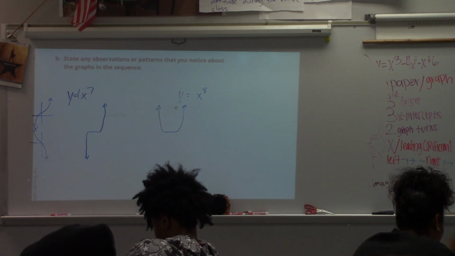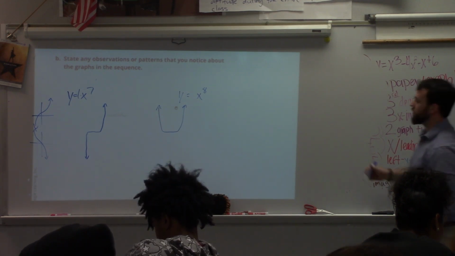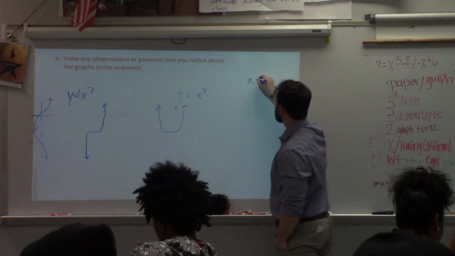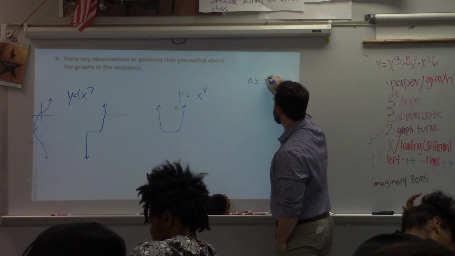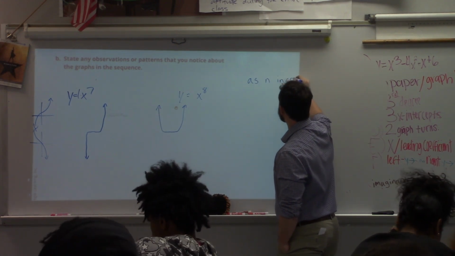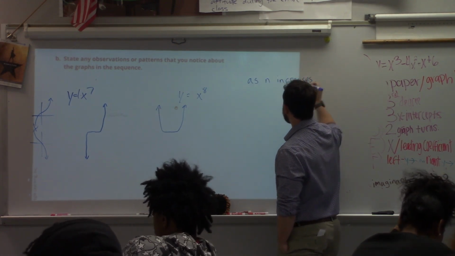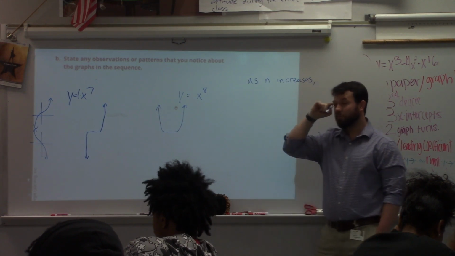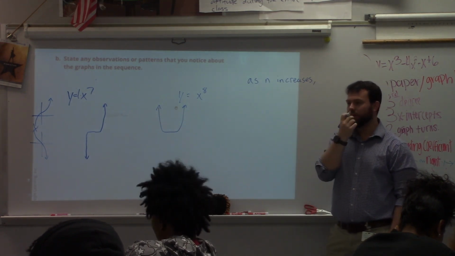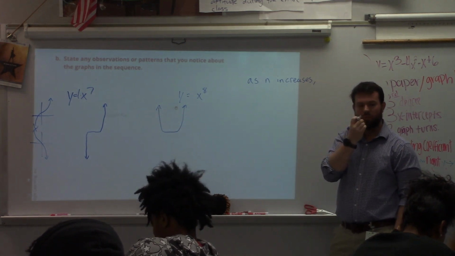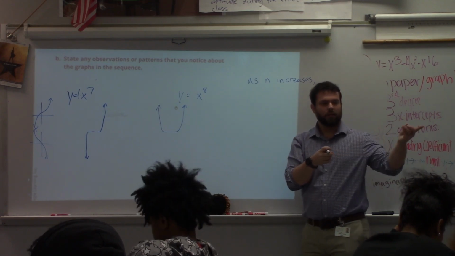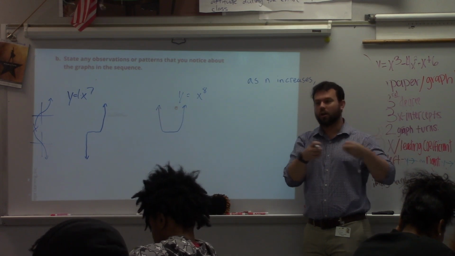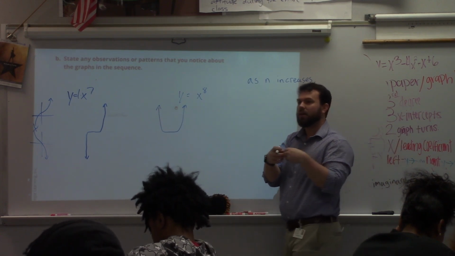Okay, part B. So what observations or patterns do you notice? First off, as n increases, what are we noticing? Where does it get flatter? Not the line, the curve, or the polynomial gets flatter at the center.